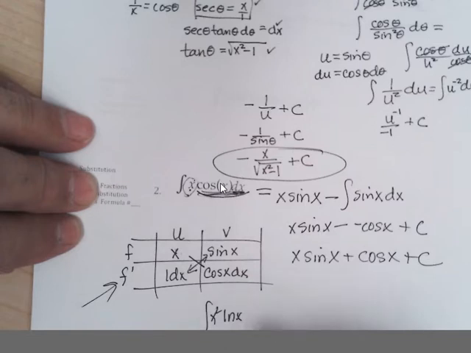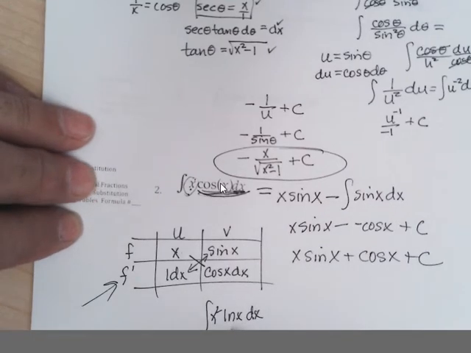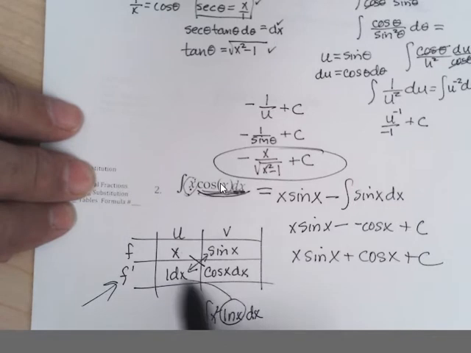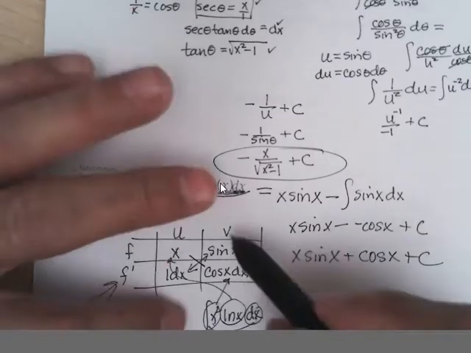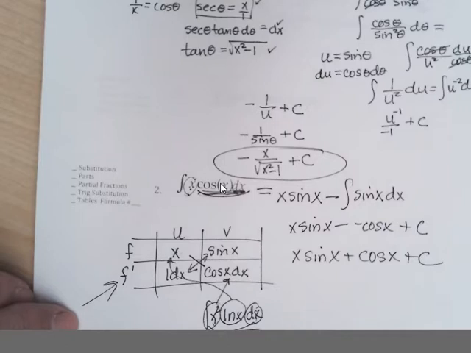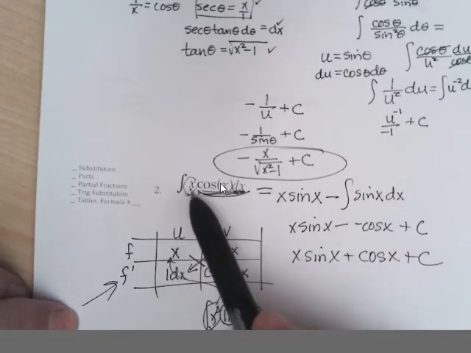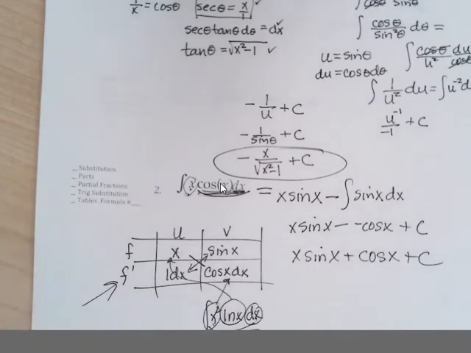And even if it was x squared ln x dx, I do not want to put the ln where I have to integrate it in this formula. There may be times when you have to, but seldom. Usually you'll put this in the u spot and the x squared dx here and work them. So the ln is an exception to the rule of usually putting the x in the u spot.